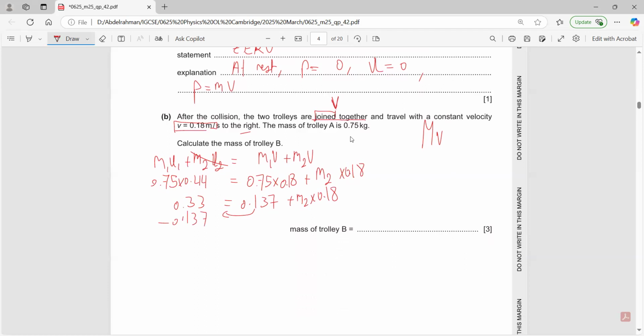This would give you a value of 0.1195, which is equal to m2 times 0.18. Just divide by 0.18, and this will give you a mass of 1.08 kilograms.